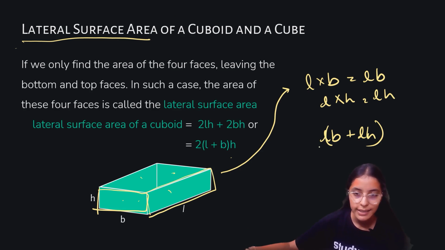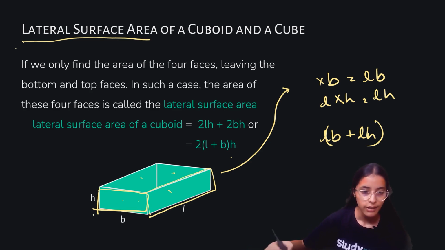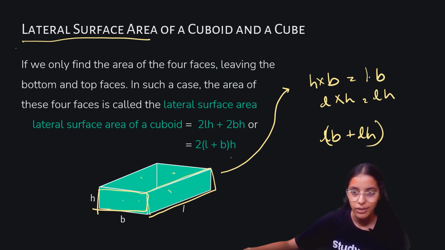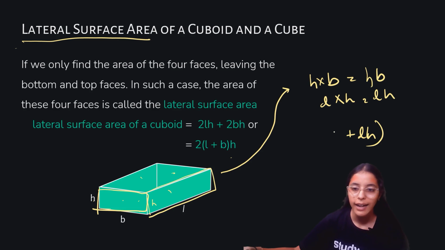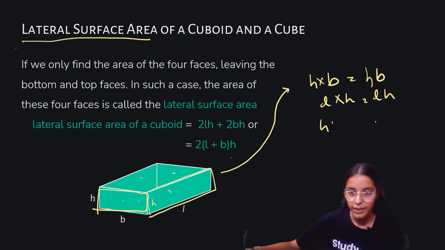Okay, I have taken something wrong over here. It's not B. Since we have taken this, it is height over here. So it is H, and then it is H. So H into B, HB, and we have L into H, so it is LH. Now we'll add these up: HB plus LH.